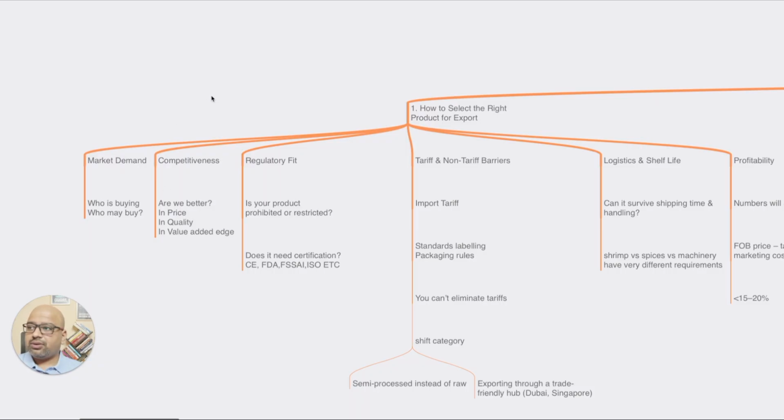Say there is something like an oil product. If you're planning to export oil, you need to look at who is already buying the product, and you need to look further at who may buy the product. Because normally the people who are already buying are buying from someone else, and it may take time for you to convert them. But the people who may also buy your product are those who don't have any supply chain set up yet.